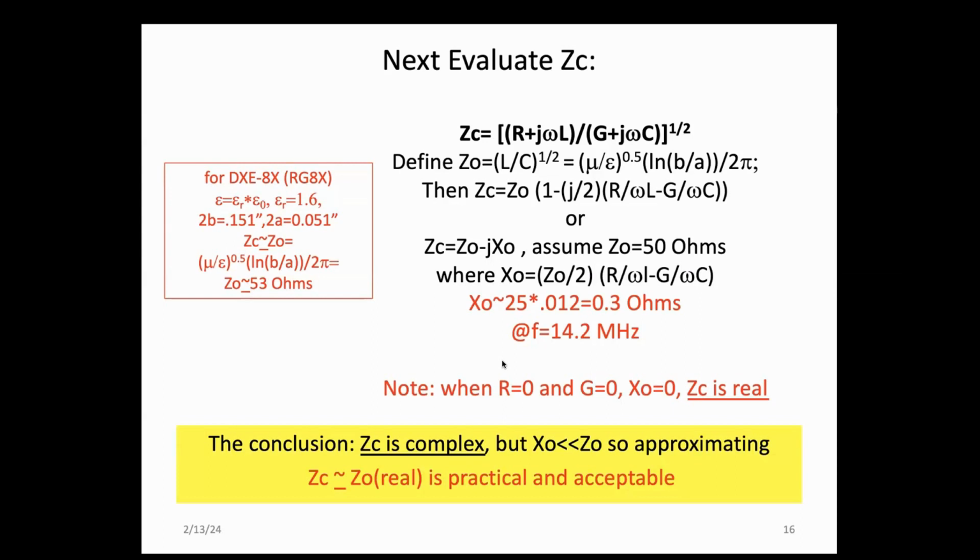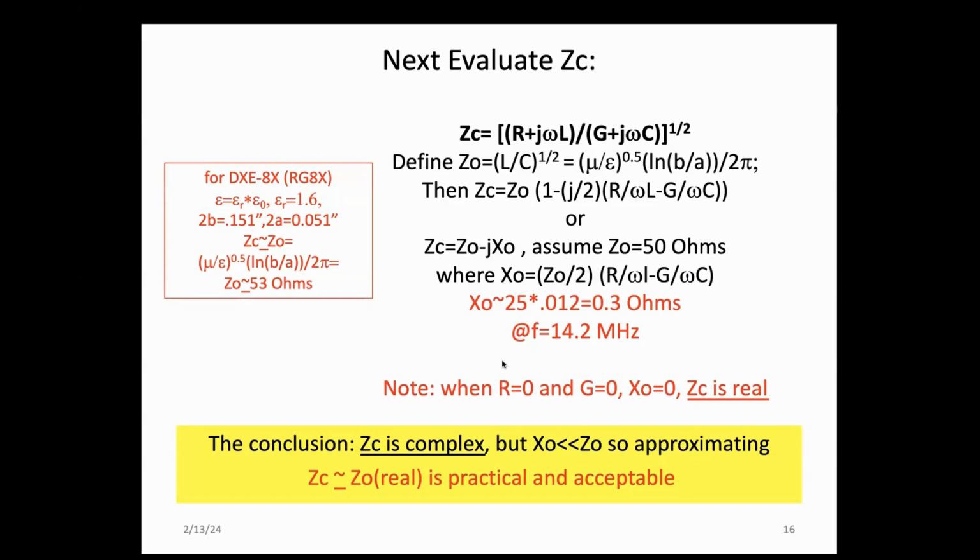I assumed Z0 of 50 ohms using some numbers to calculate for RG8X and found that the reactance term in the characteristic impedance at 14 megahertz is about 0.3 of an ohm. So it's about 6% of the characteristic impedance. So yes, Z sub C is complex, but the reactive component is so much smaller than the real part that it's practical to assume that the characteristic impedance is real.